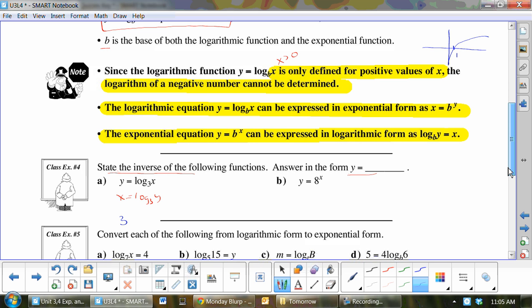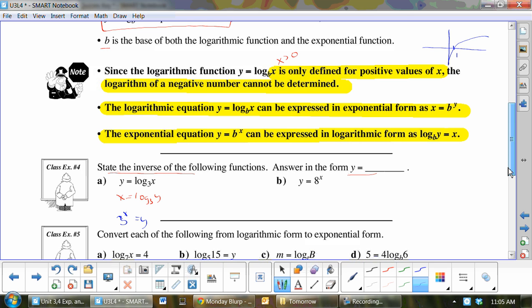They switch. 3 to the x equals y, right? Now I got it in the y equals form. So remember, before, you switched them and then you had all this math to do to get into y equals.